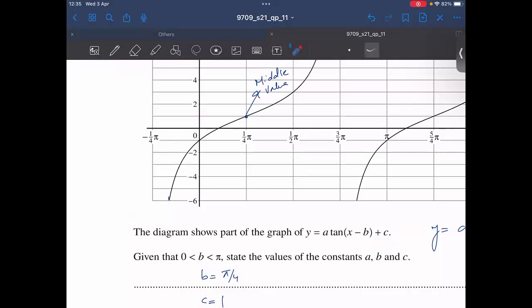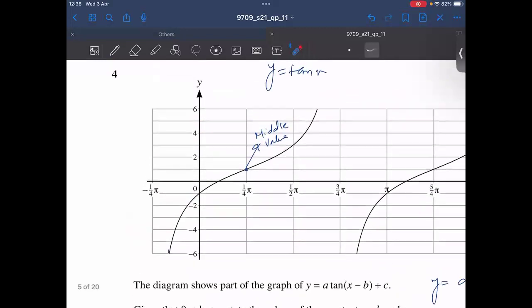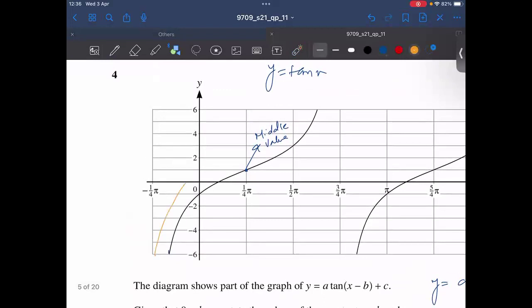And by looking at the middle value, you see where it is lying, is it lying along the y-axis? If the graph would have been like this, the value of B would have been 0 because you're still on the y-axis. The value of C would have been plus 1, but the value of B would have been 0 because it is still on the y-axis.